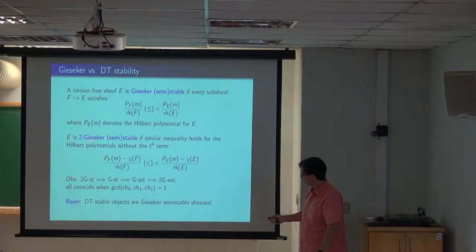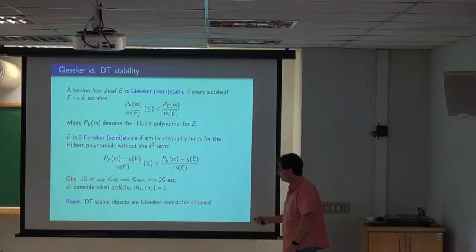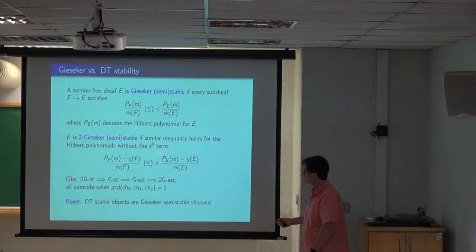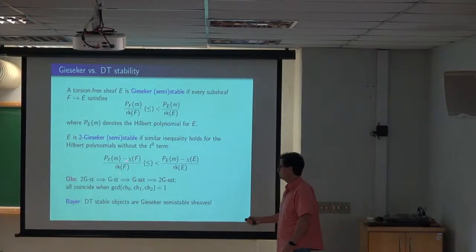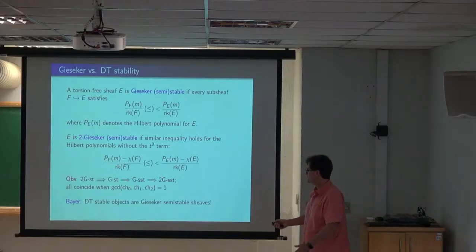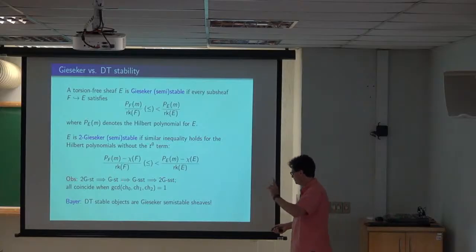There is a similar or closely related notion of a tilde Gieseker semi-stable sheaf, which is the same kind of comparison between polynomials, but now instead of comparing the Hilbert polynomials, you compare the Hilbert polynomial minus the Euler characteristic of the sheaf, divided by the rank. And then, tilde Gieseker stability implies Gieseker stability, which implies slope semi-stability, in the reverse order.